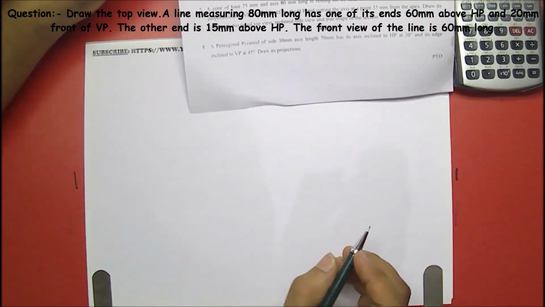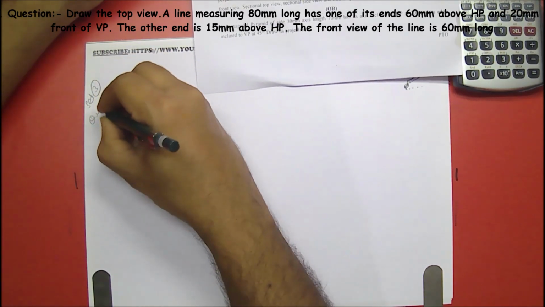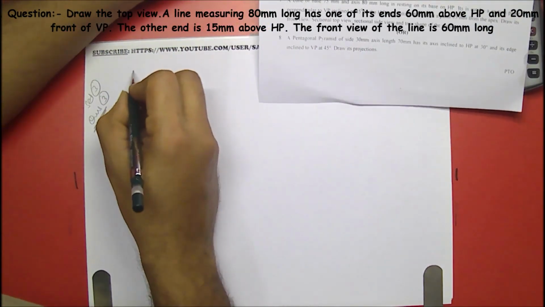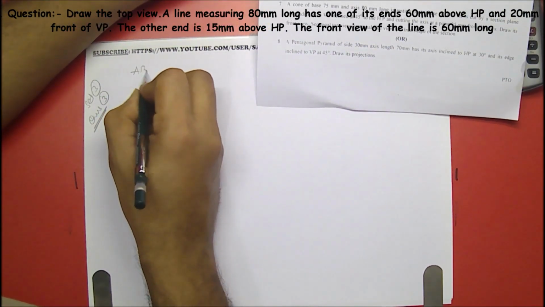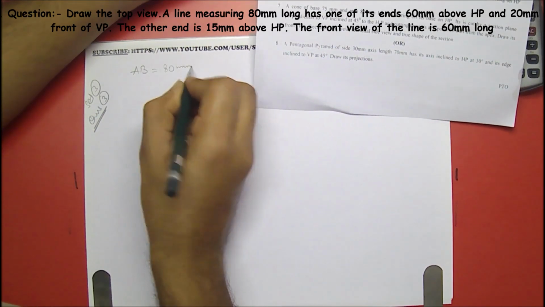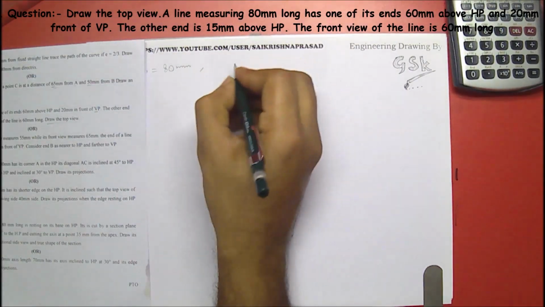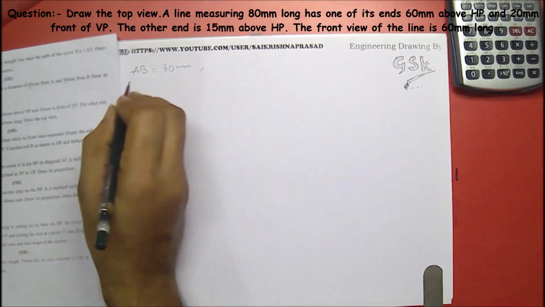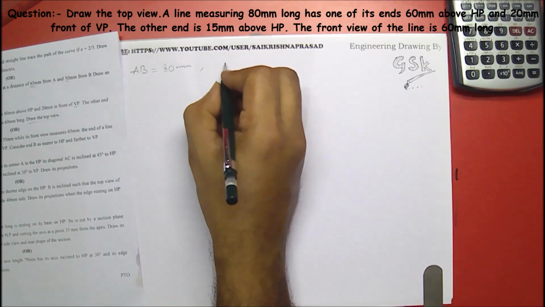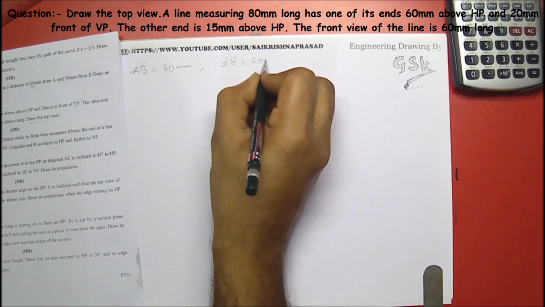So let me write down this data. This is set 3, question 3. So coming to the given data, the line is given 80 mm long. So let me mention the line name as AB, 80 mm, and this is the true length. Now the front view of the line is given as 60 mm, that is A dash B dash would be 60 mm.